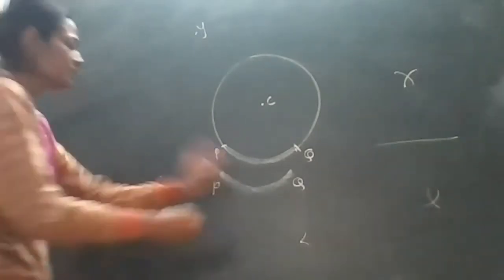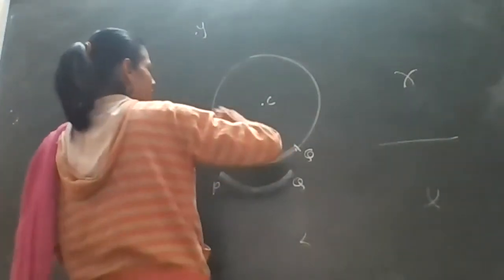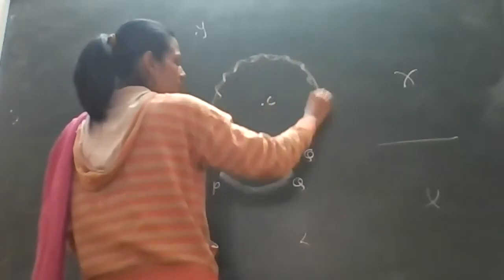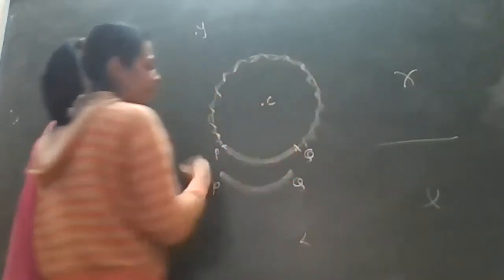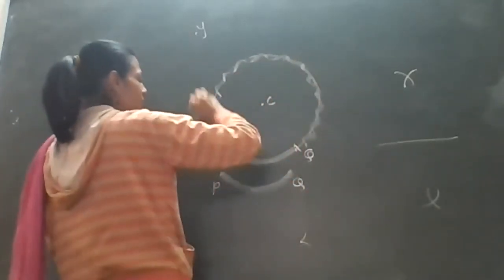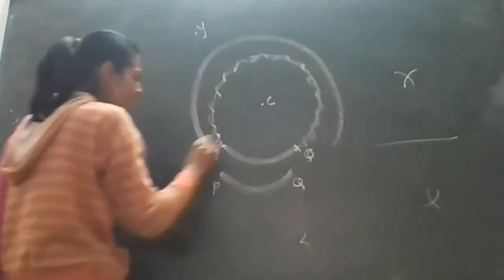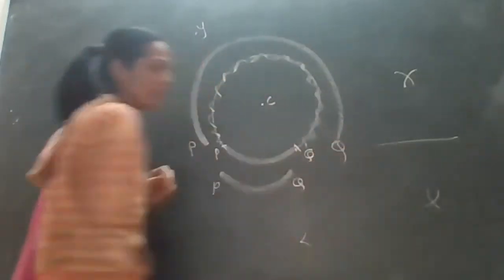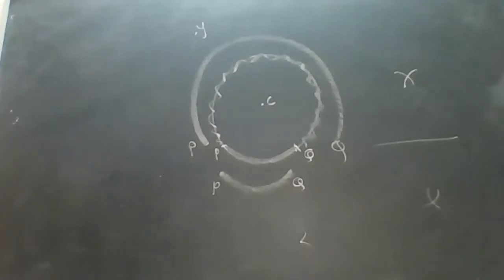Similarly, we can also consider this other part. This whole part is called a major arc. This is also PQ, but it is on the upper side. This is called the major arc of this circle. Getting this point now?